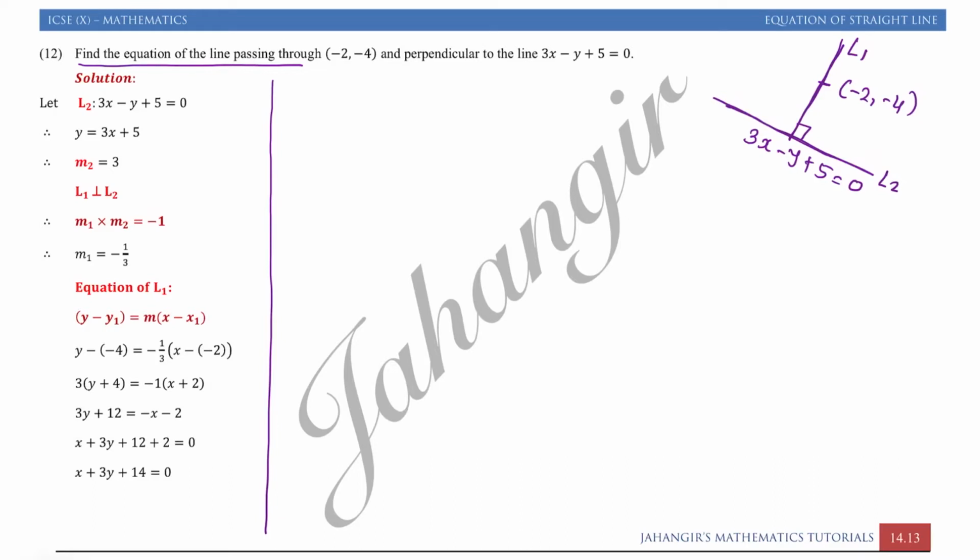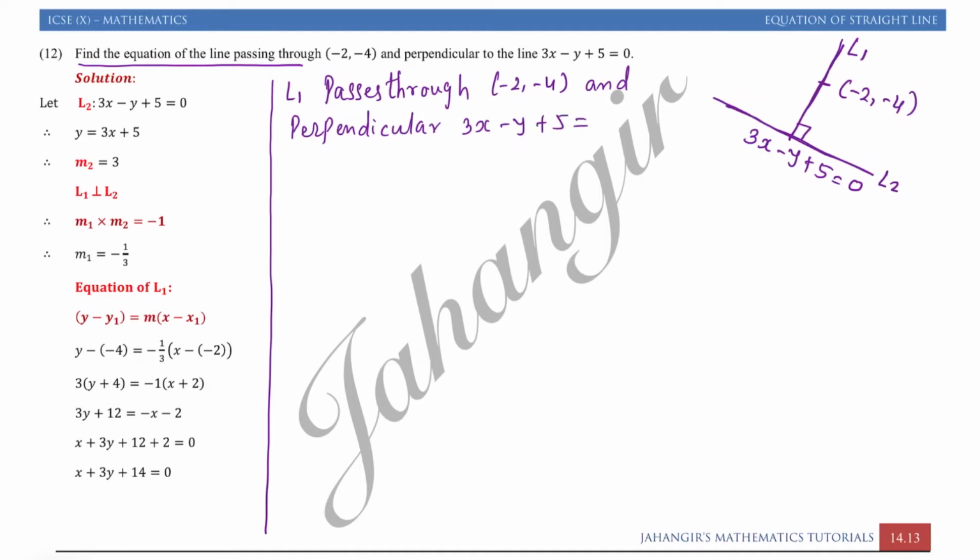L1 passes through minus 2 comma minus 4 and perpendicular to 3x minus y plus 5 equal to 0.